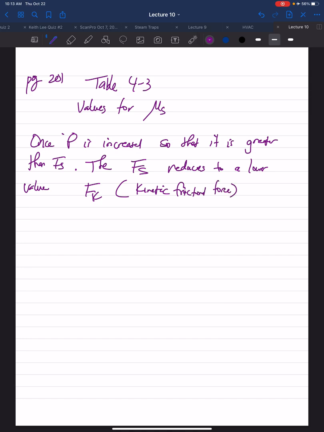Kinetic means movement. Therefore, the block will then begin to slide with increasing speed.